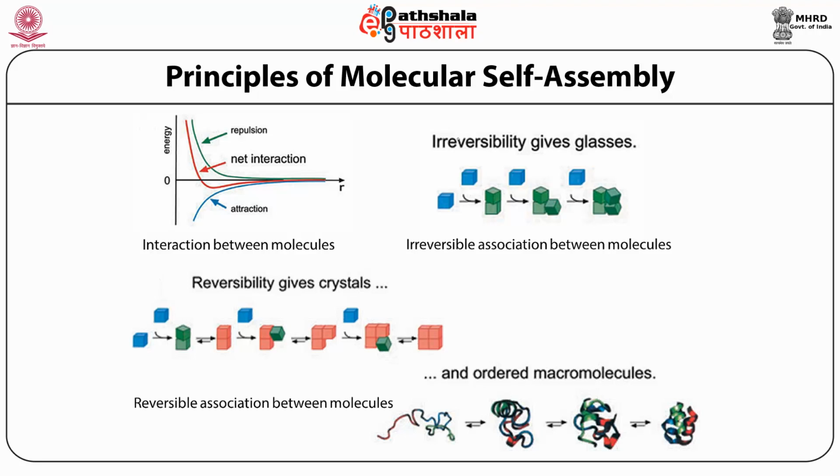Irreversibility gives glasses, that is, irreversible association between the molecules. Reversibility gives crystals, as shown in this figure, where there is a reversible association between the molecules, and finally we get ordered macromolecules.